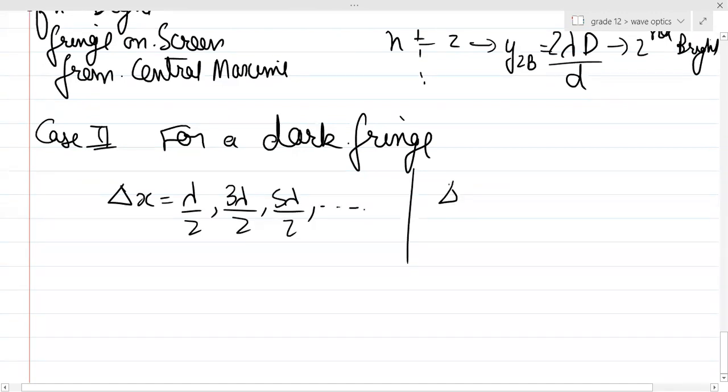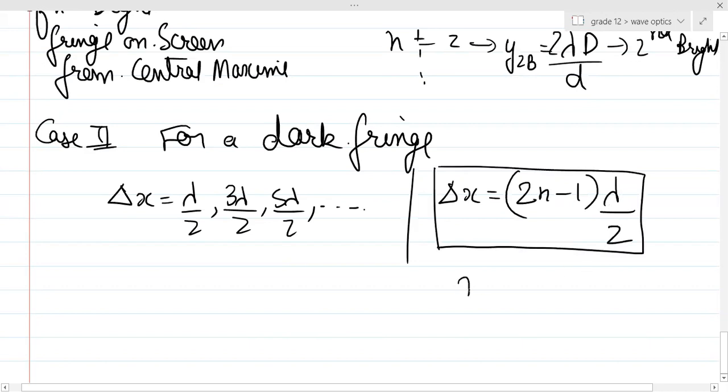So I generalize this as Δx equals (2n minus 1) times λ/2, where n starts from 1, 2, 3, 4, and so on. I have not started with 0.